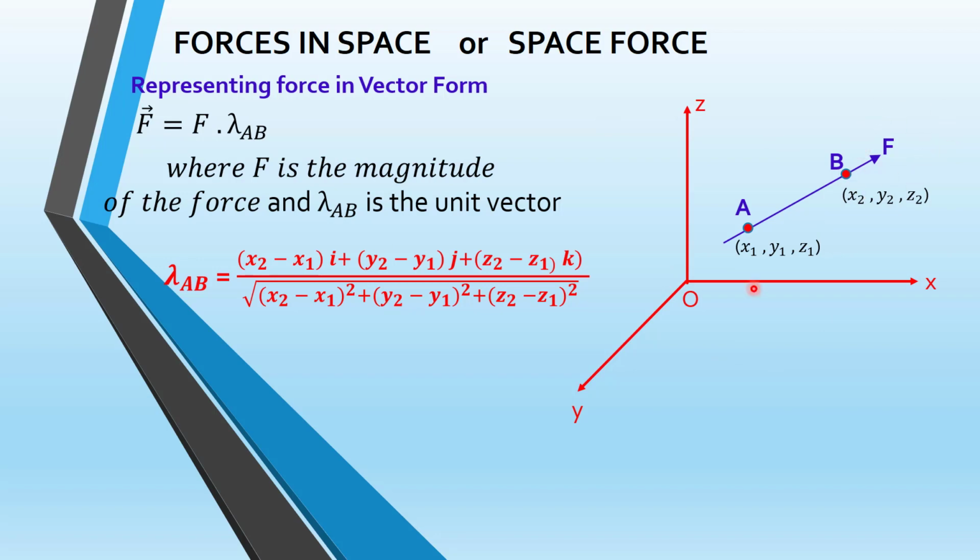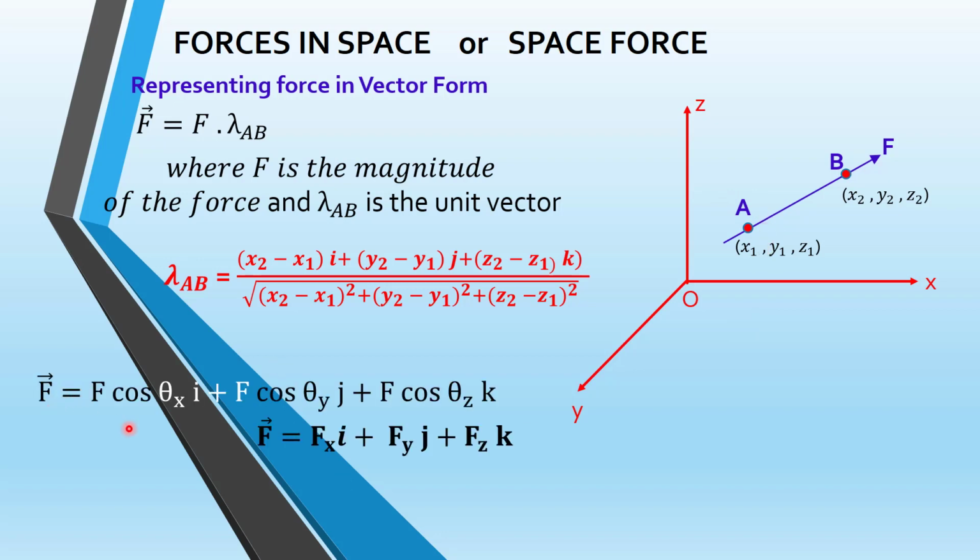Now let us consider another case. Instead of the points through which the force acts, just assume that we are given the angles made by the force with respect to x, y and z axis. So in that case, how can we write the force in the vector form?